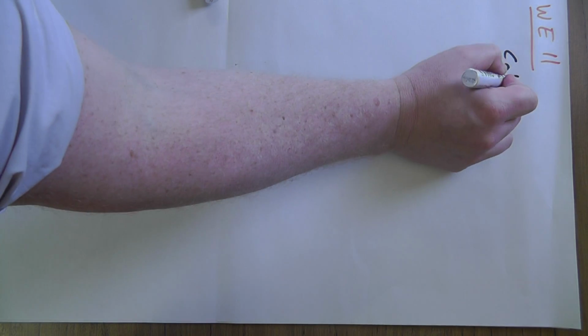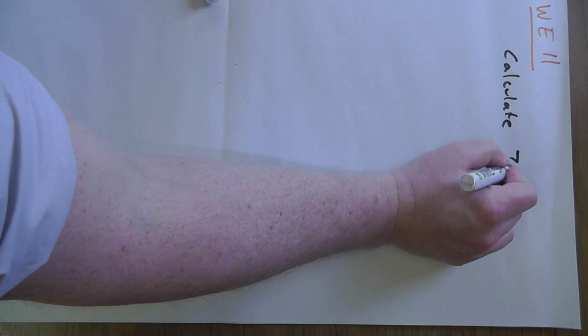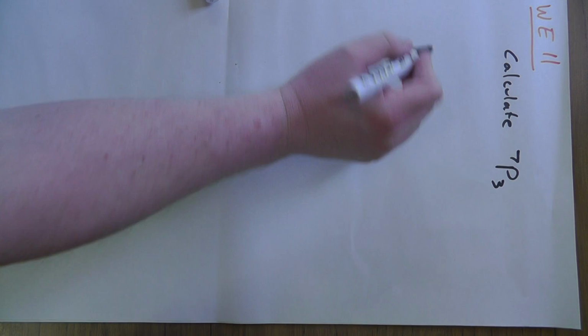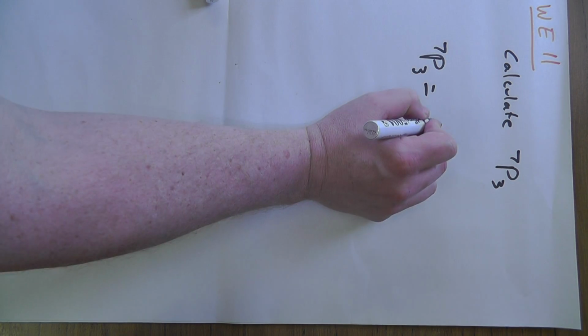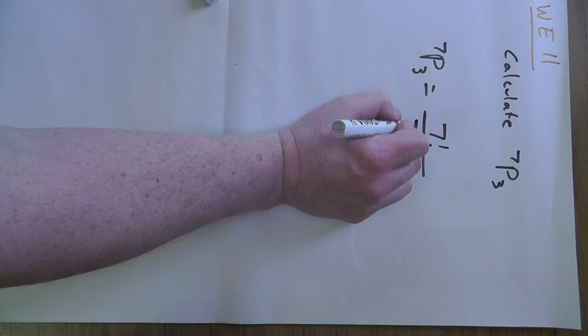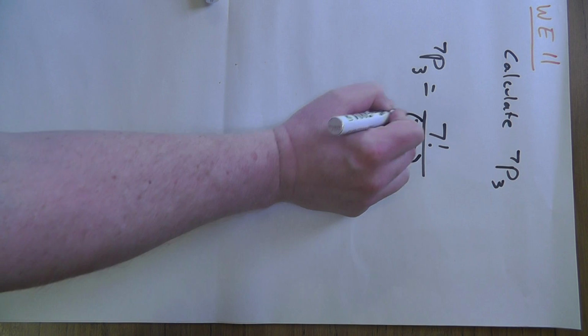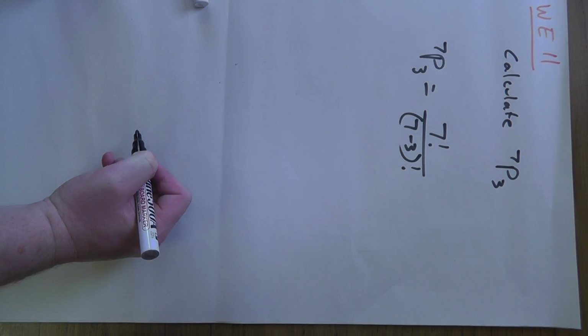Calculate 7P3. Well, it's quite straightforward when we answer it. 7P3 equals 7 factorial over 7 minus 3 factorial, because that's the formula that I used just a minute ago.